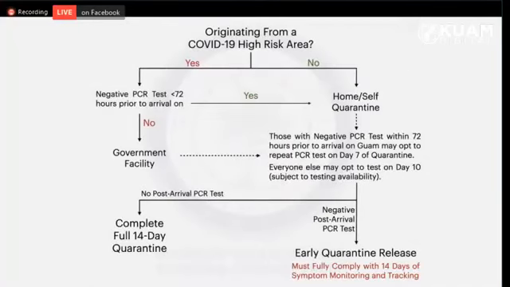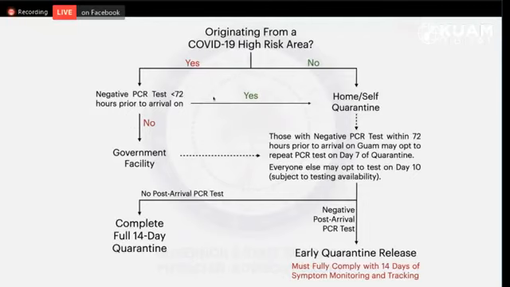So this flow diagram will allow someone to determine what their quarantine requirements and testing needs are. If you start out by asking, are you originating from a COVID-19 high-risk area? If you are not, then you automatically go into home self-quarantine. If you are coming from a high-risk area, then the next question is, do you have a negative PCR test within 72 hours prior to arrival on Guam?